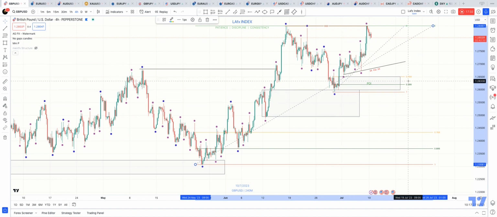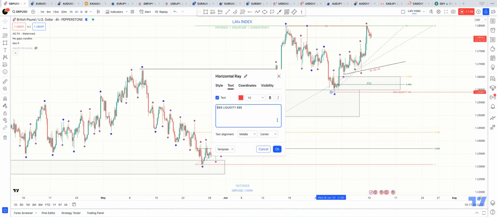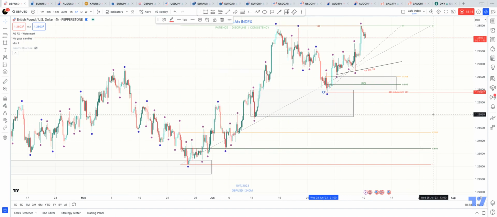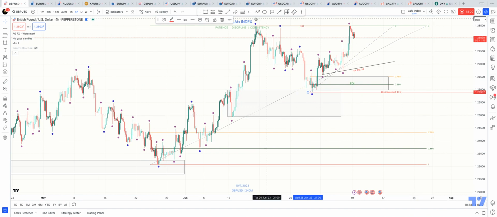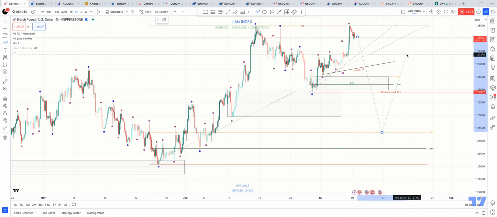Now, if this is an inducement, then price could come all the way down, take this low, take that low, and give us a reaction here before going up.